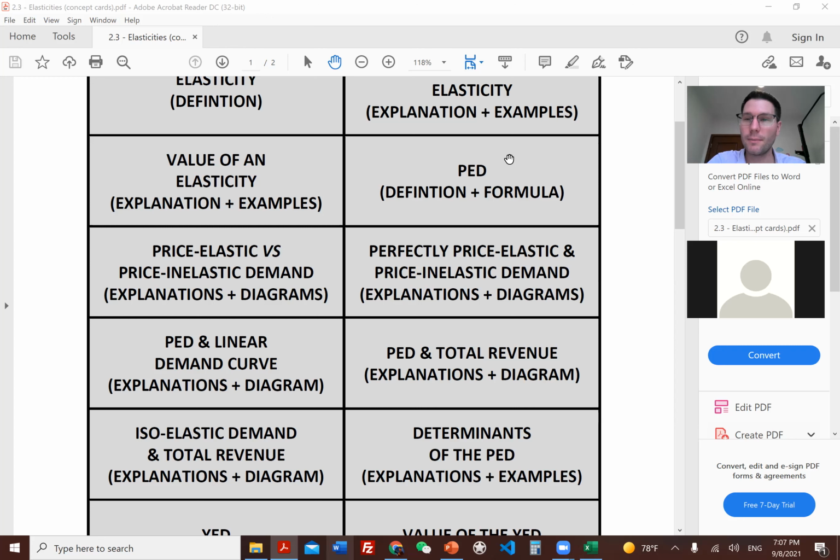There are 3 demand elasticities, PED, XED, YED, and 1 elasticity of supply, the PES. So we need to know what they are, what they mean, the relationship that they can have with other economic concepts, what can influence their value, and so on. To give examples, calculation, and everything. So there is a lot to do.